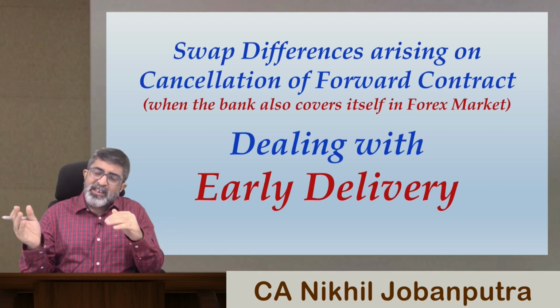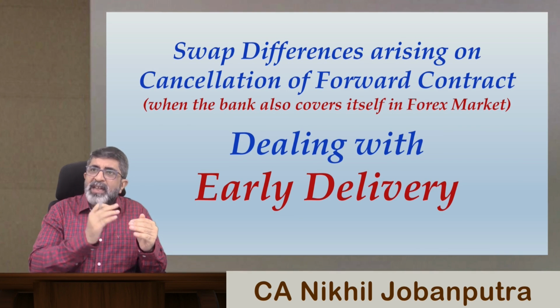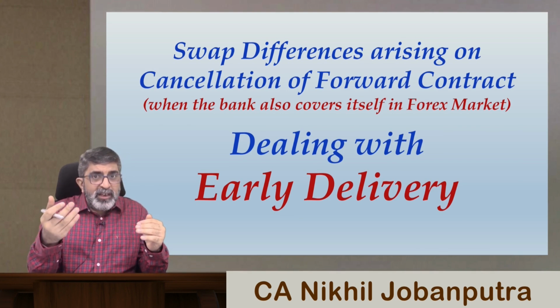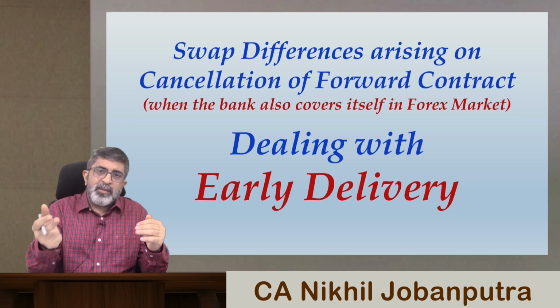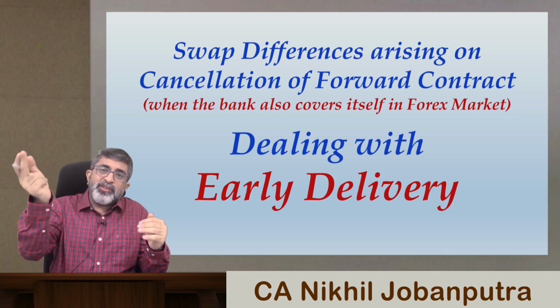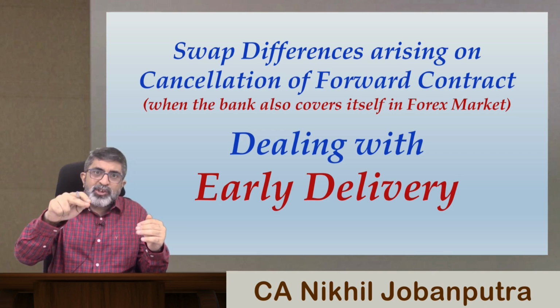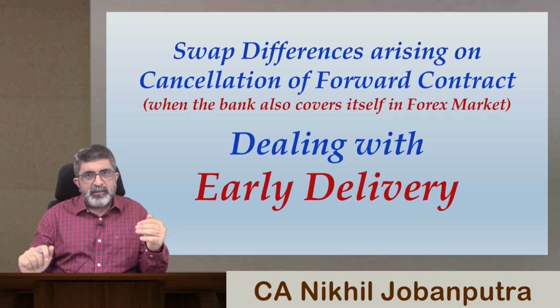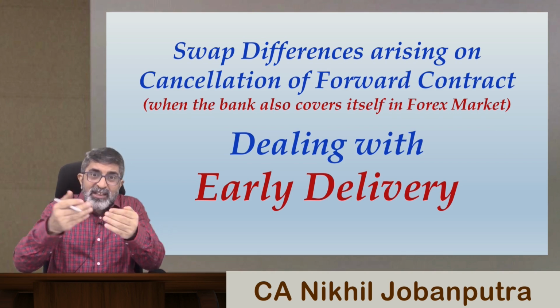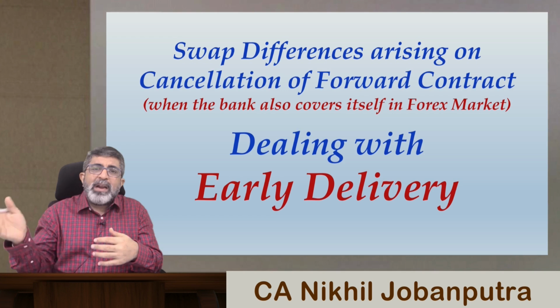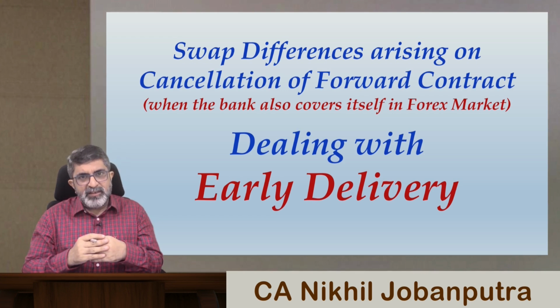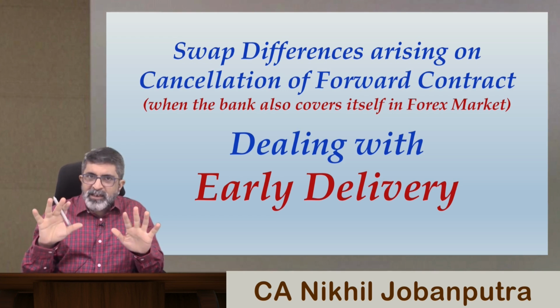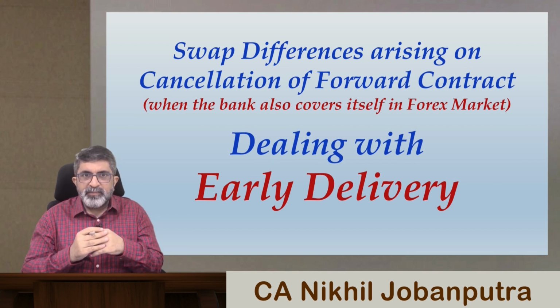But we have seen earlier also that there may be a possibility that the overseas customer wants to settle its obligation before the maturity and remits the amount, say 1 month prior to the settlement date. Can we agree that this could be a possibility?